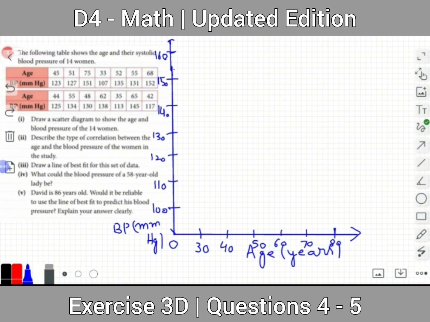So for 45 we have the reading 123. Here we have somewhere 42, 44, and 46, and here we have 45. From 45 to 123 we have 120, 122, 124, and here we have 123 somewhere. So here we will put the cross.